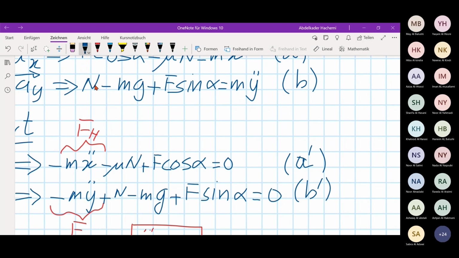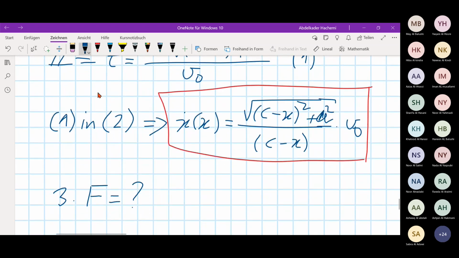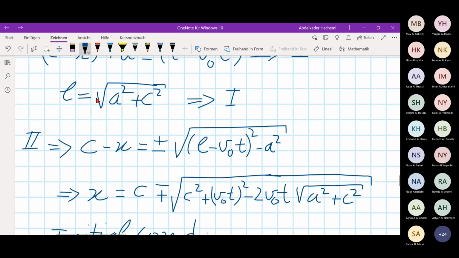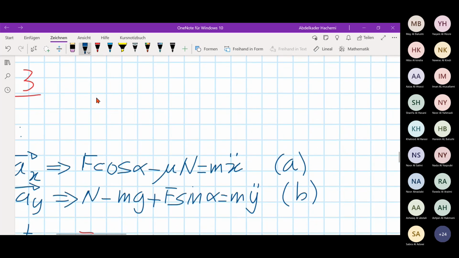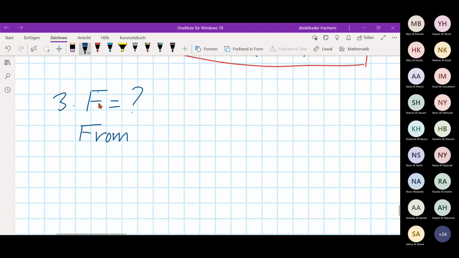Then I write from the equation I call B prime, either B or B prime, whichever we use.